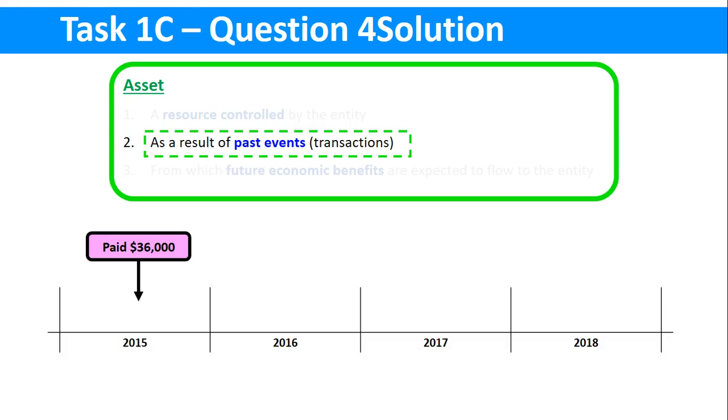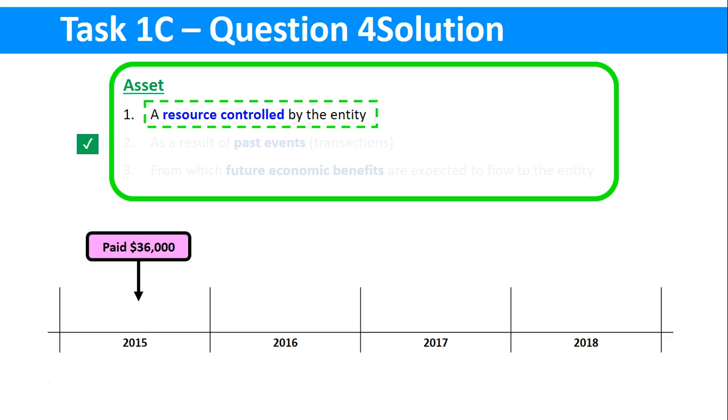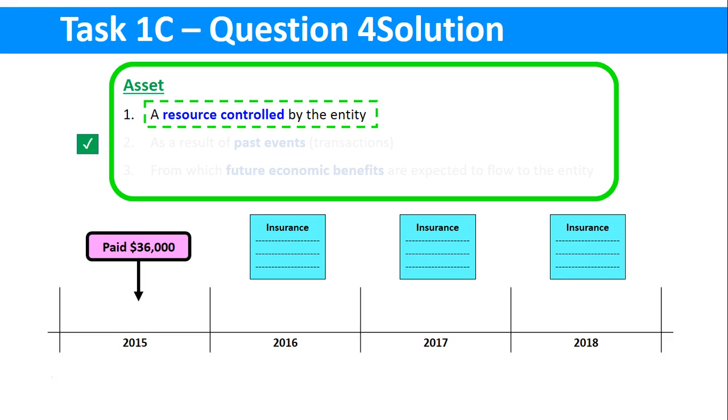So let's look at the insurance and apply that logic to the definition of an asset. So the first thing is, is there a past event or transaction? There is. That's in 2015 when we paid $36,000. So that is actually the definition of a past event or transaction. Secondly, is there a resource controlled by the entity? What that means is, yes, we legally are entitled to insurance now for the next 3 years.